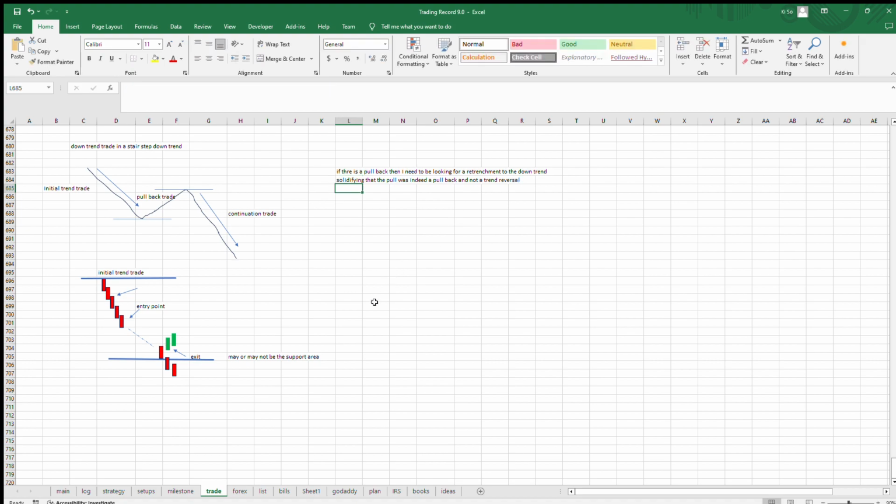That is something that I need to consider, okay? So that would be the second type of trading that I would be looking for, okay?